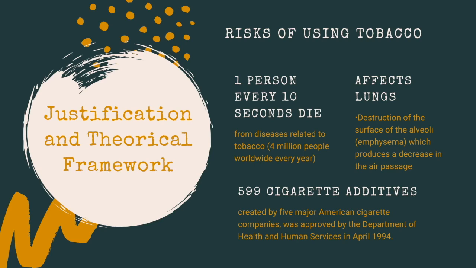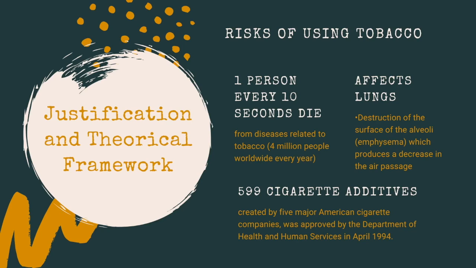That means that every year 4 million people die. Smoking tobacco particularly affects your lungs. It destroys the surface of the alveoli, causing emphysema, which produces a decrease in the air passage.